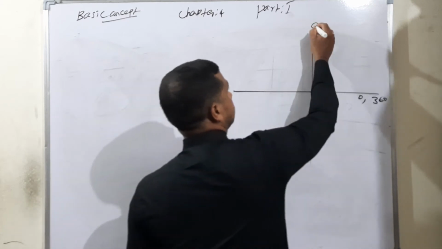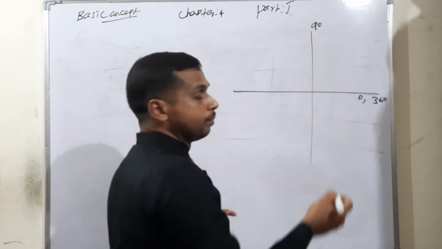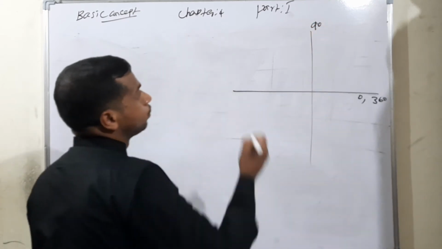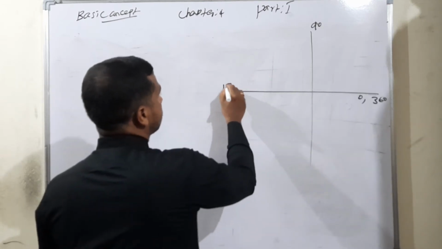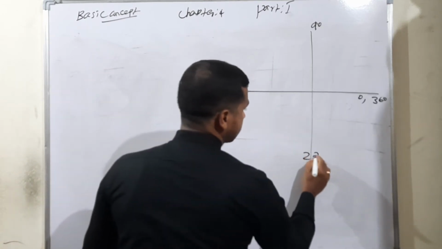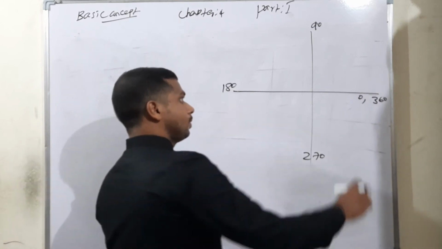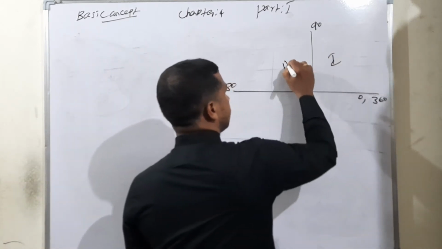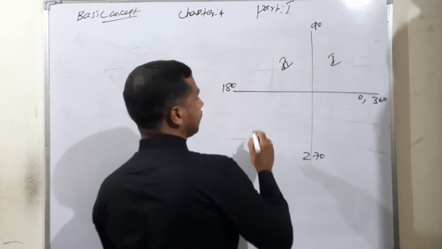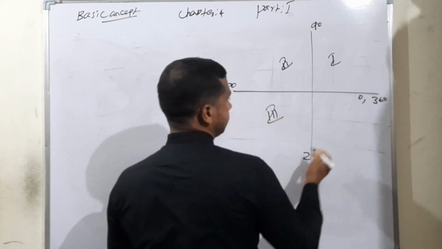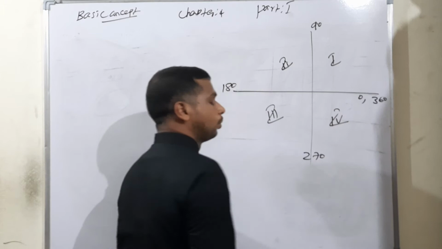Then this is called 90, pi by 2, and 3 pi by 2, pi, it moves on like that. So this is 90, this is 180, this is 270. The first quadrant is marked here, then the second, the third, and this is called the fourth quadrant.